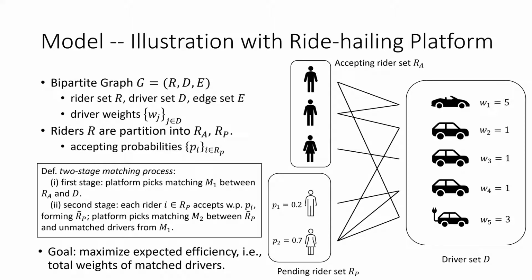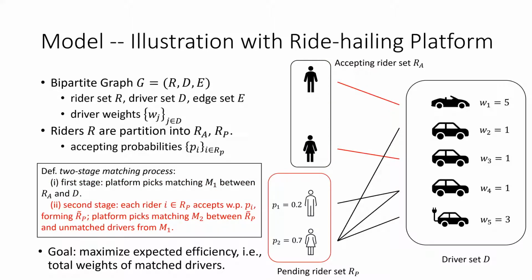In order to have a better understanding of the model, let's look at the instance on the right-hand side. First, in the first stage, the matching algorithm needs to pick a matching between RA and D. Suppose that it matches the first and the third rider, and the second rider just leaves. Then we move to the second stage.